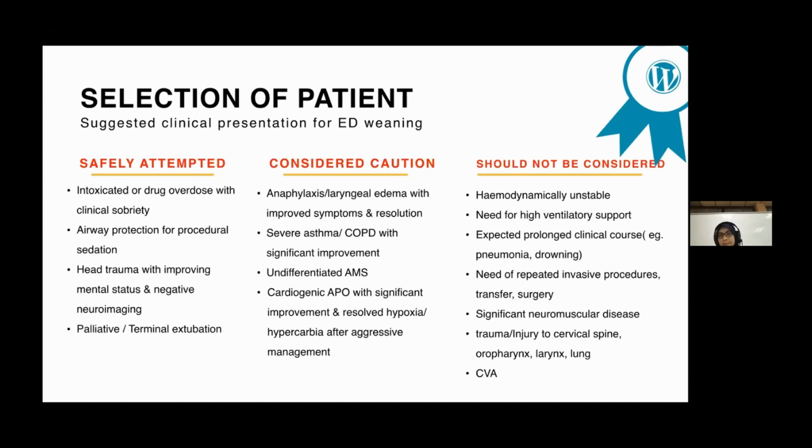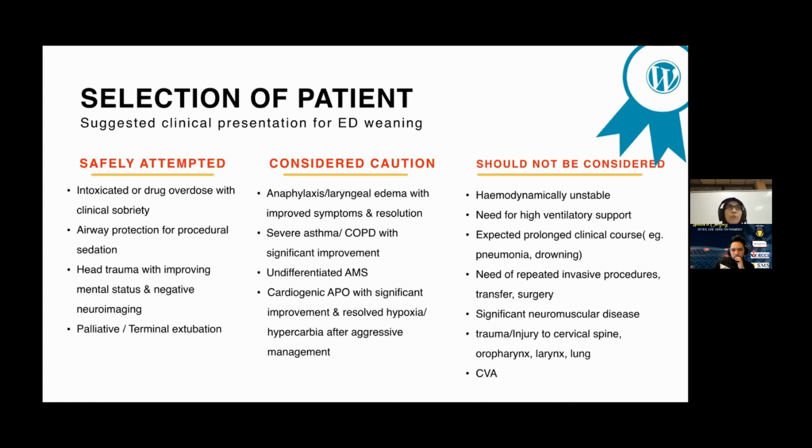Patients who require repeated invasive procedures or transfer for surgery, such as intra-abdominal surgery, shouldn't be weaned here in ED. Nor should those with significant neuromuscular disease, for example Guillain-Barré or myasthenia gravis. Or those with associated trauma, injury to the cervical spine, larynx, or lung, who shouldn't also be extubated in ED.